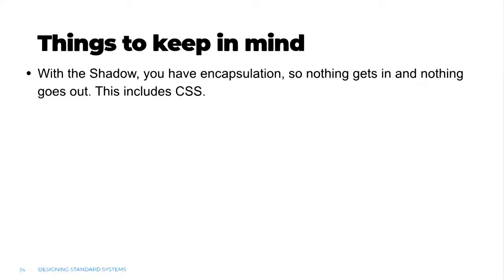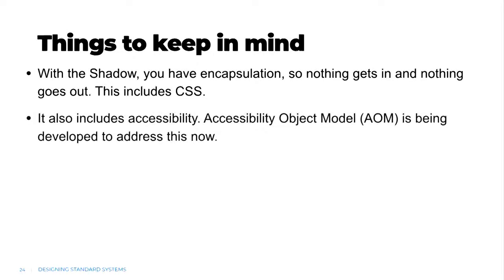And here are a few things to keep in mind when you are using shadow. You have encapsulation, like I mentioned, nothing gets in, nothing gets out. This includes your CSS. But it also includes your accessibility. And so the accessibility object model is not yet fully developed. And at Salesforce, we are fully into everything's got to be accessible.